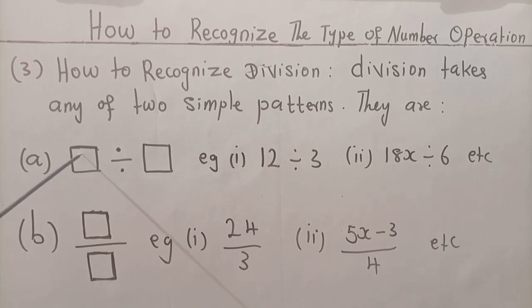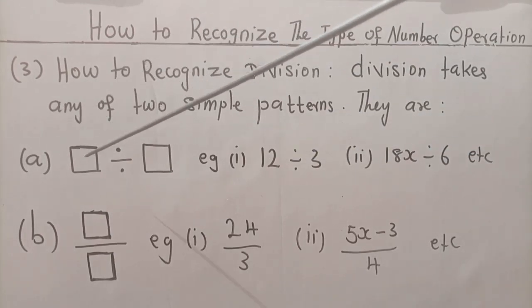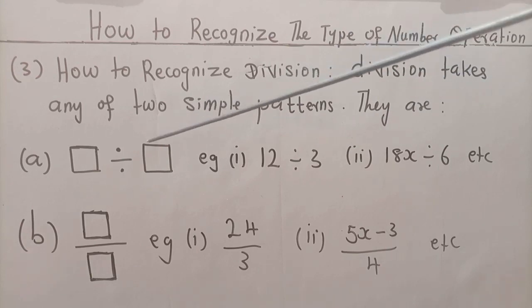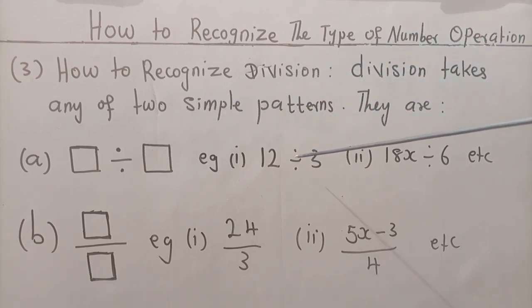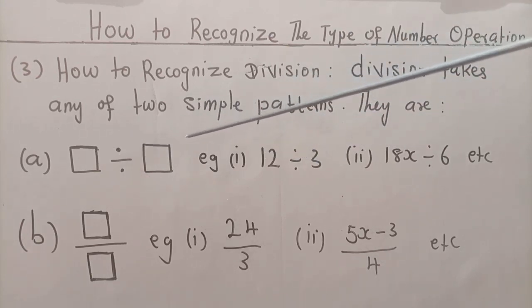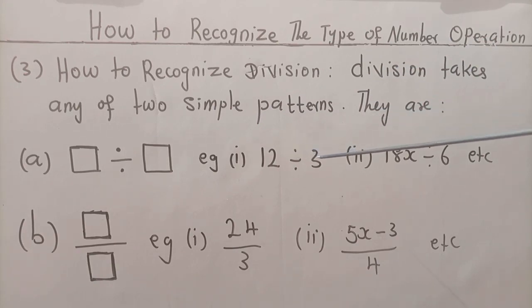So this box divided by this box, 6 examples here. 12 now is meant to be in this box, and 3 is meant to be in this box. And so the sign between them is a sign of division. So this means 3 dividing 12, not 12 dividing 3. The next is 18x divided by 6.